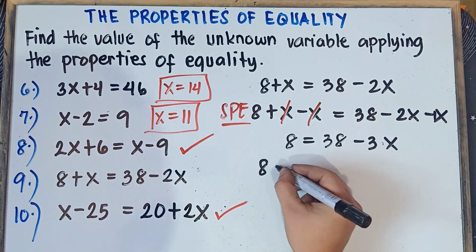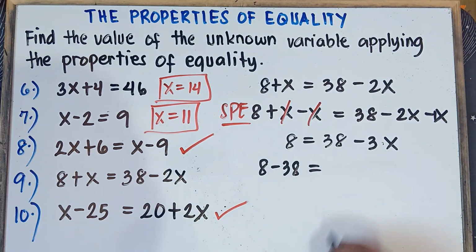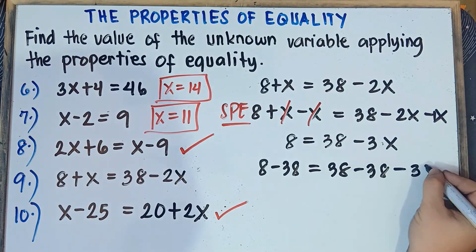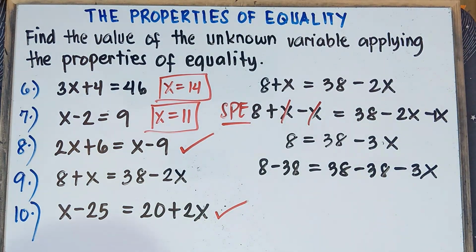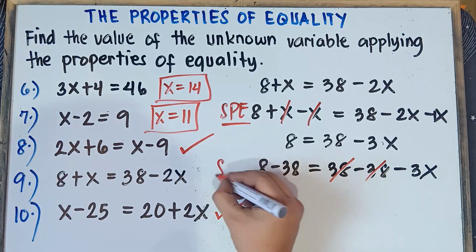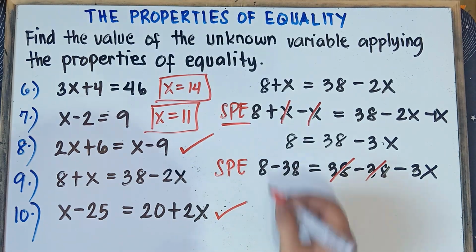So this will be 8 minus 38 equals 38 minus 38, copy negative 3x. We apply subtraction property of equality.